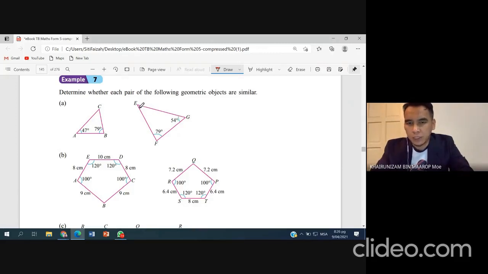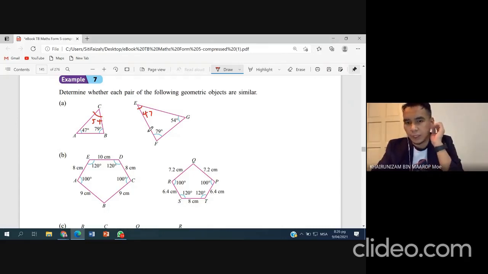So actually we get 47 here. And then for this one, interior angle 180 minus 47 minus 79, we get 54. So that means all the corresponding angles are equal. So these two geometric objects are similar.